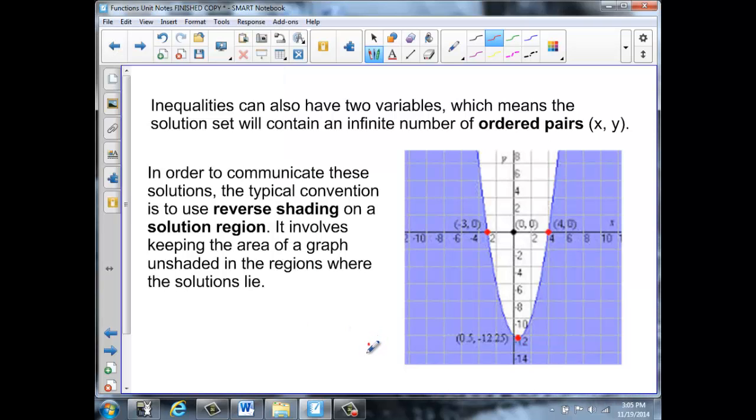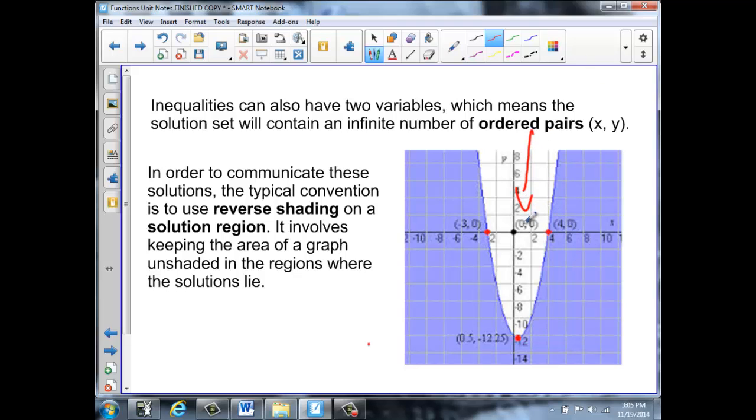We do something called reverse shading. Here's how reverse shading works. The black section of your graph is where the answers are not. So the answers that are actually true are in the non-shaded section of your graph. So in this picture right here, where are the answers?